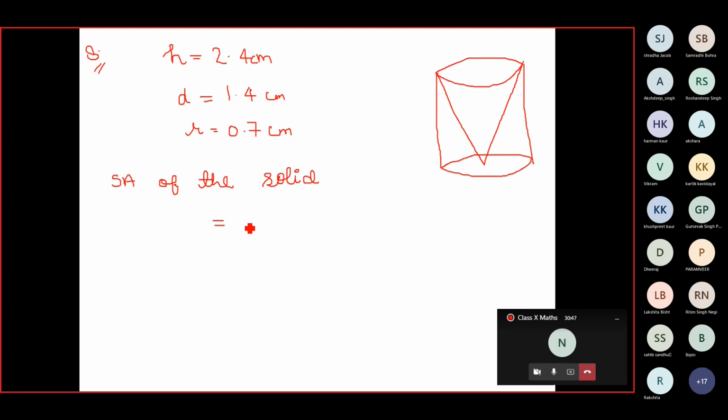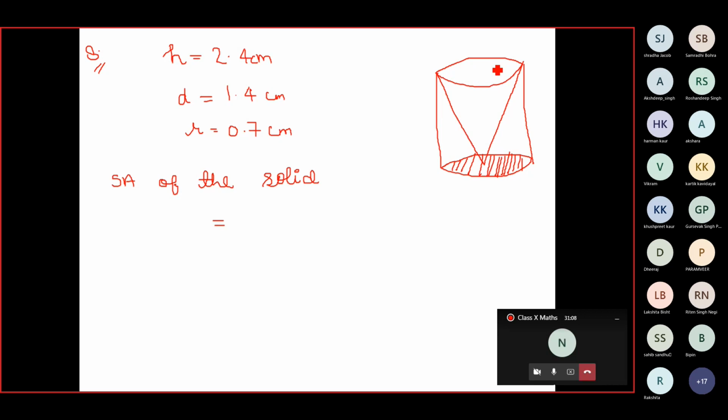Because the whole cylinder is there, this downside is also there, the base side. So we have to have the curved surface area as well as the other two sides. Means this is absent.